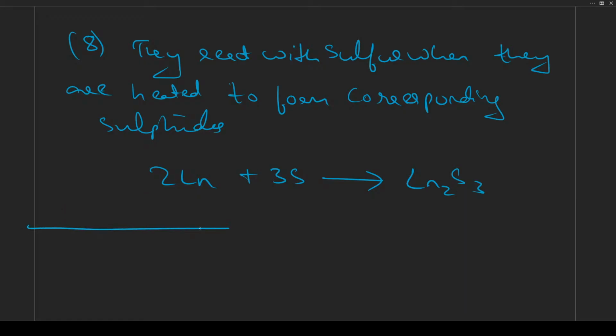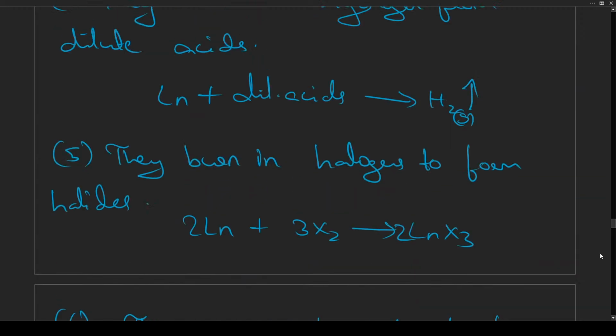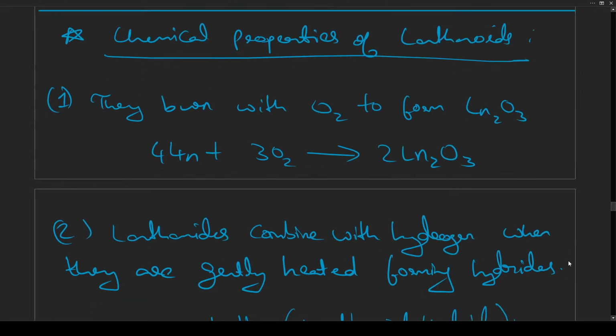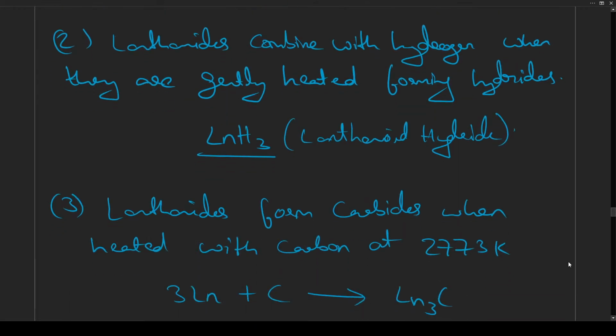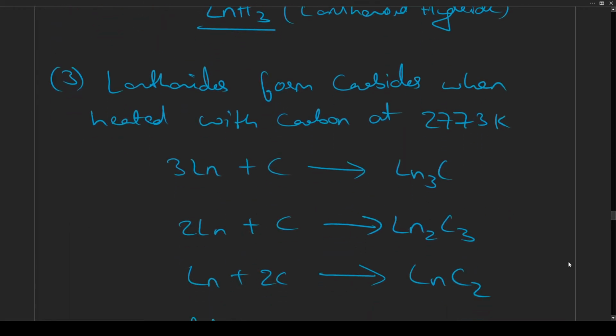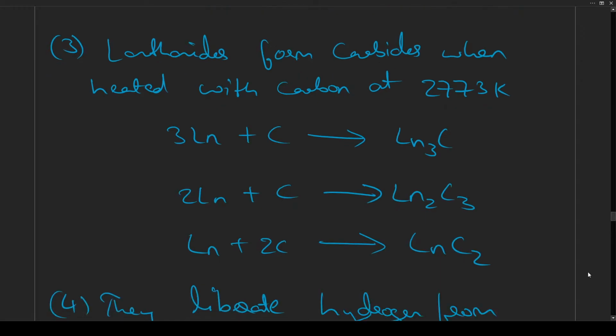These are the chemical properties of lanthanides. Let's just see them again. They burn with oxygen to give lanthanum oxide. They combine with hydrogen to give hydrides. They combine with carbon to form carbides when heated at 2773 Kelvin.